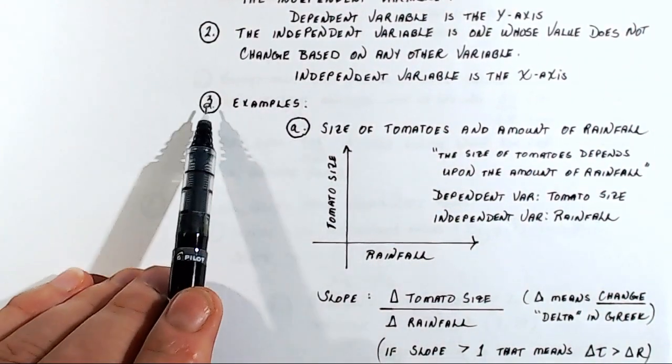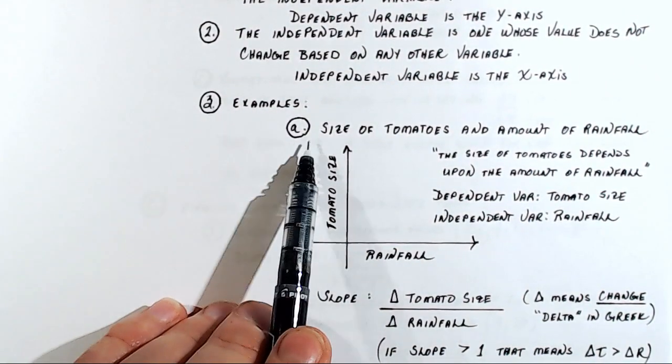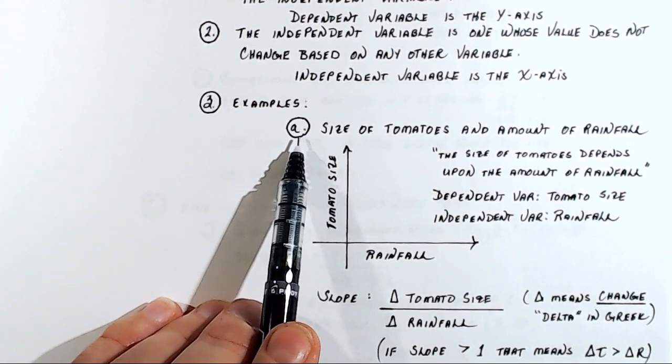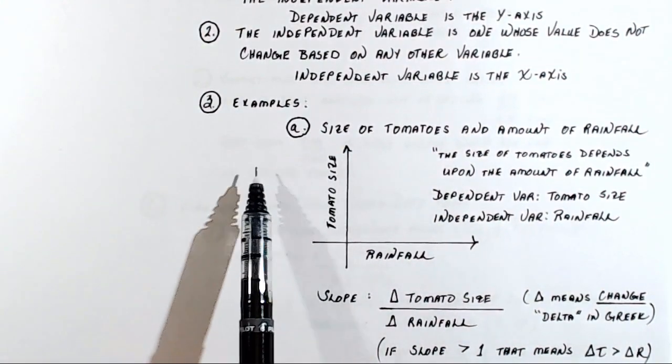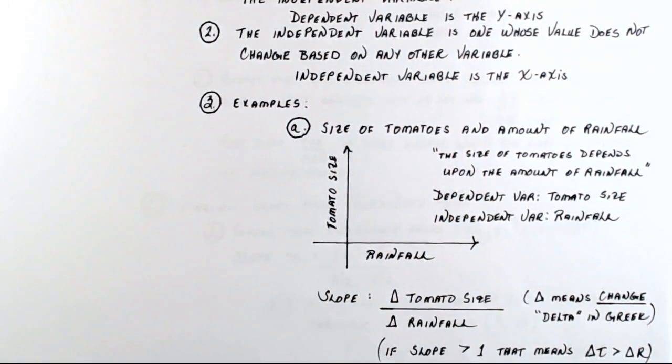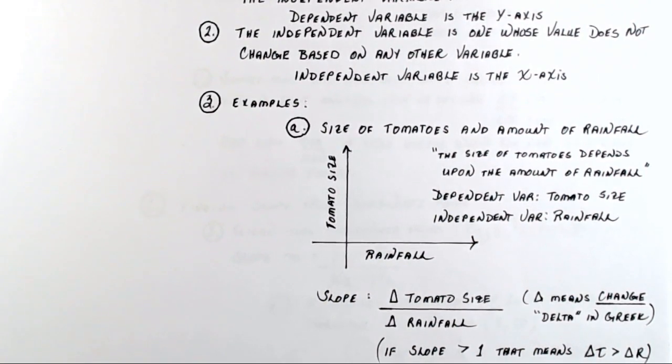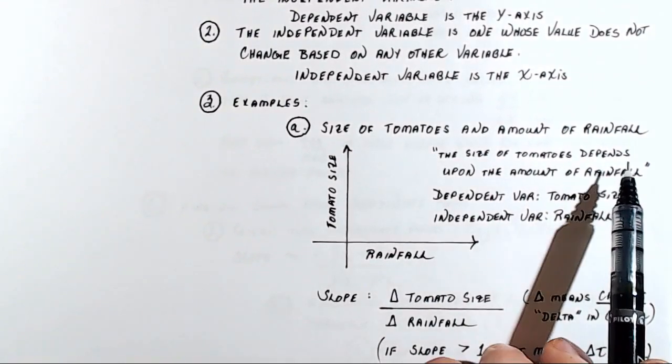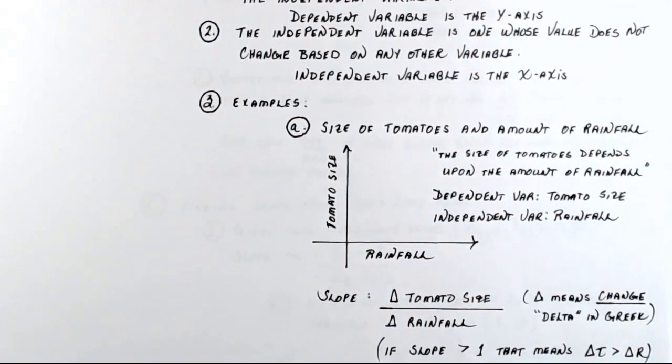This is subpoint 3, lowercase a. Here's an example: the size of tomatoes and the amount of rainfall. Think about it for a minute. If there's no rainfall, your tomatoes will not grow. They need water. So the size of tomatoes depends upon the amount of rainfall.